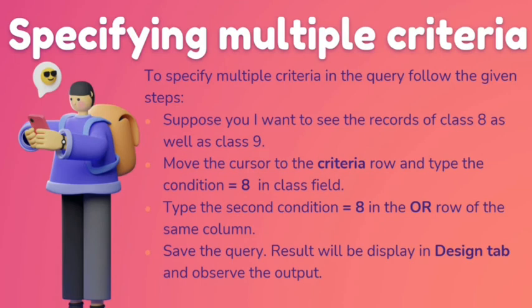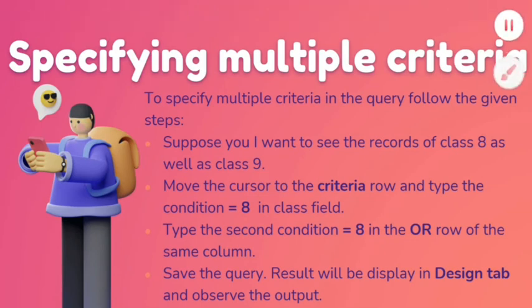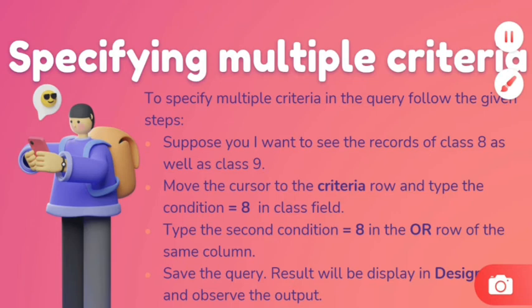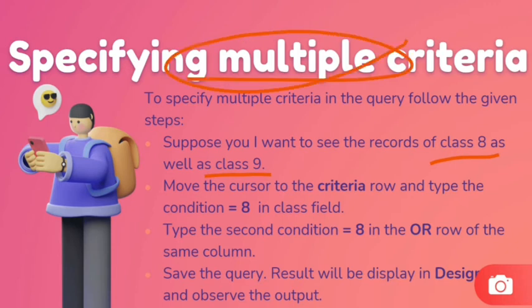But suppose you want to specify multiple criteria, that means you want to find out information about two classes, class 8 and class 9, then you have to specify multiple criteria, and at that time you have to use the or option. And if you want to apply simple criteria, then you have to use only the criteria.